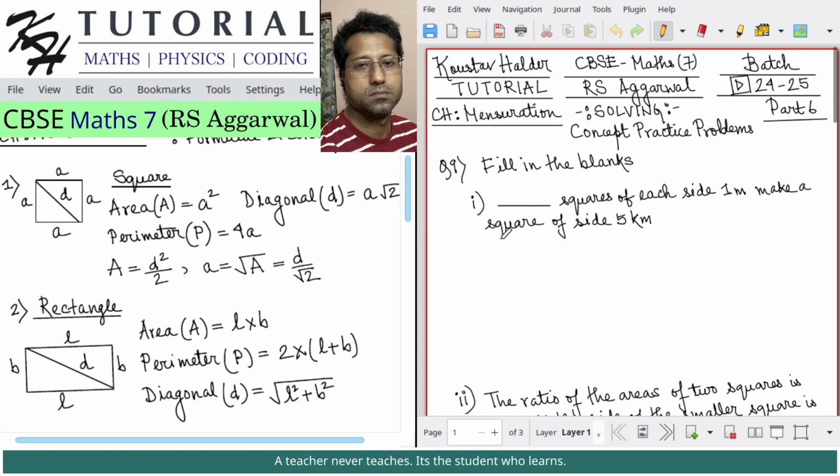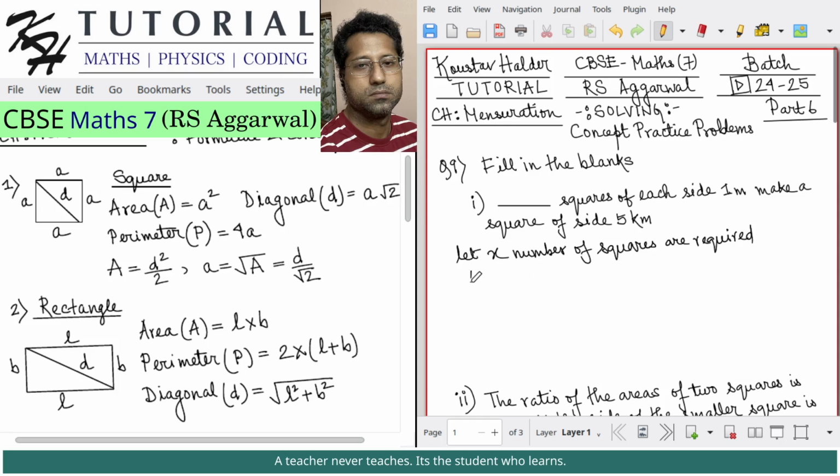So let x number of squares be required to make a square of side 5 kilometer.